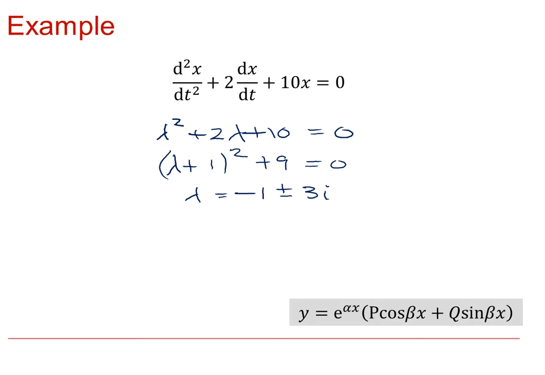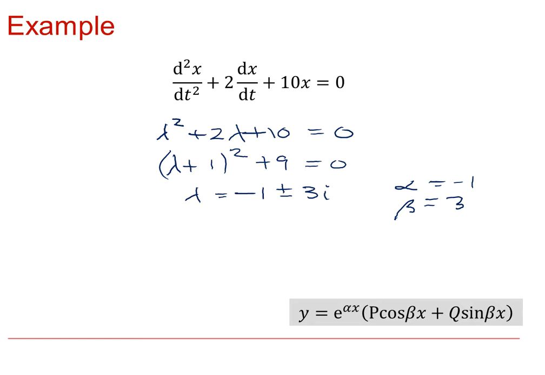Note that in this situation we have the form alpha plus beta i, where alpha equals minus 1 and beta equals 3. We've looked at complex roots of auxiliary equations in the previous video series, so we know that we can use the standard result for this situation.